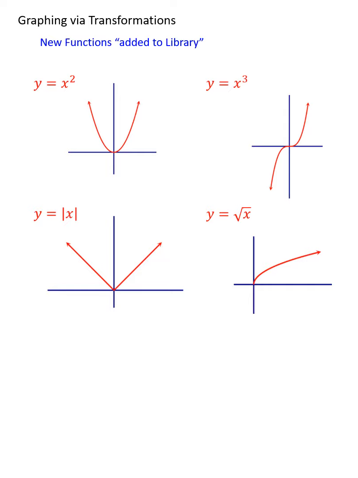But I also mentioned earlier that these are the 4 main ones that you're likely to see in mathematics courses and elsewhere. And so they are the ones that we focus on for the most part. But you could really have any function you wanted to put in your library if you were so inclined.